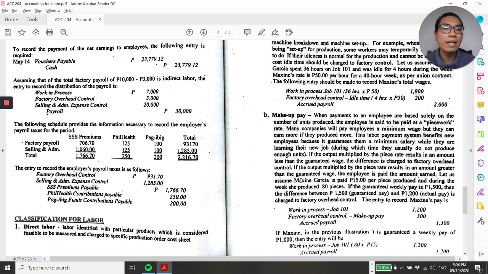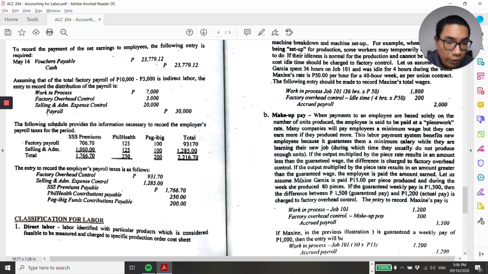So, normally naman, given na for your 40 hours basic, 40 hours work mo for the whole week, ganito yung magiging rate mo. So, ito, for the purpose of applying lang yung magiging indirect labor costs natin.